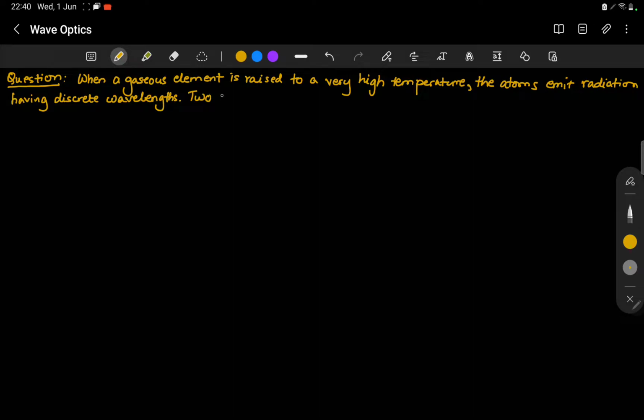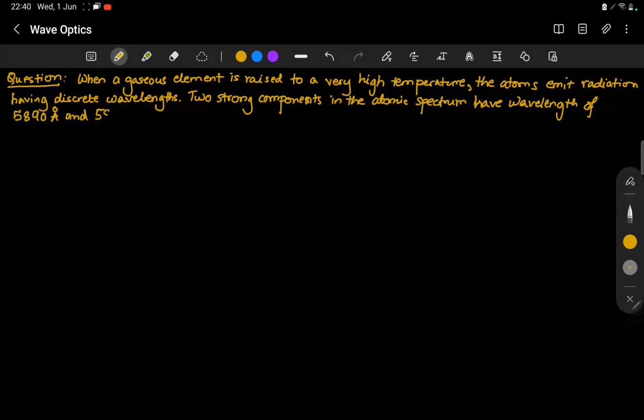Two strong components in the atomic spectrum have wavelengths of 5890 angstroms and 5896 angstroms.